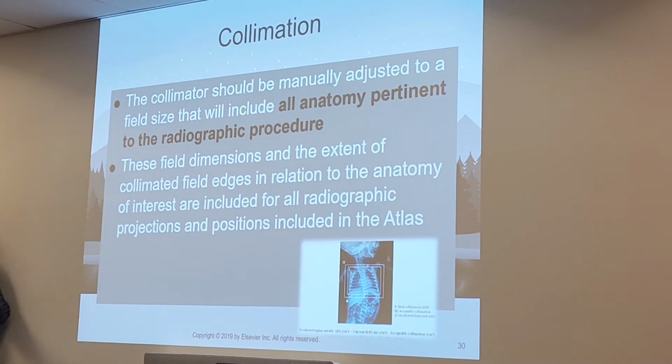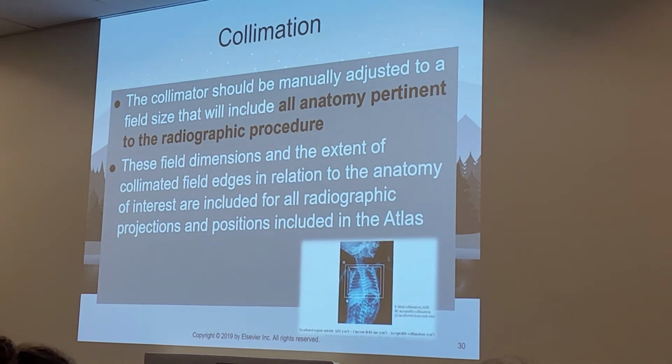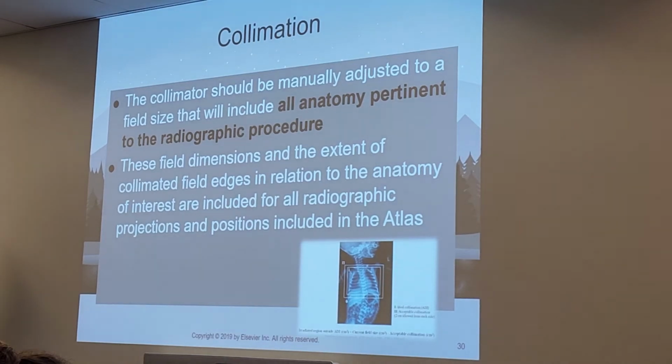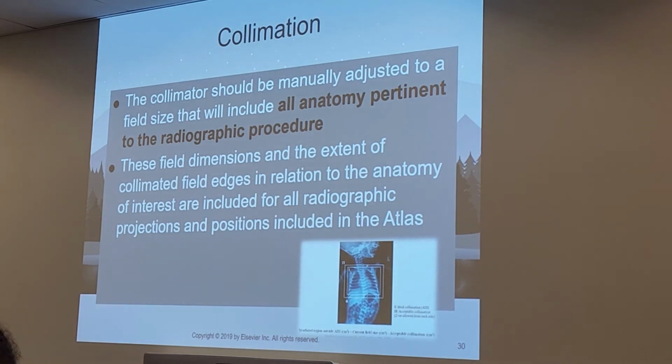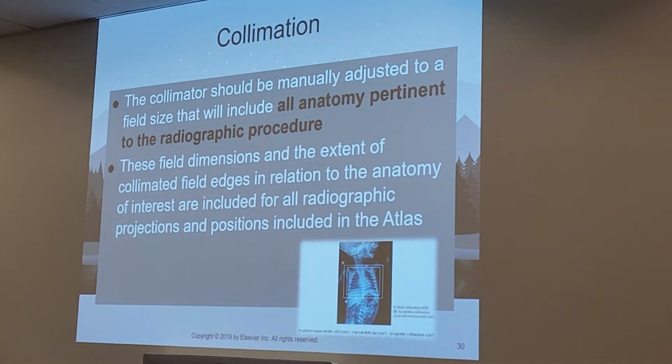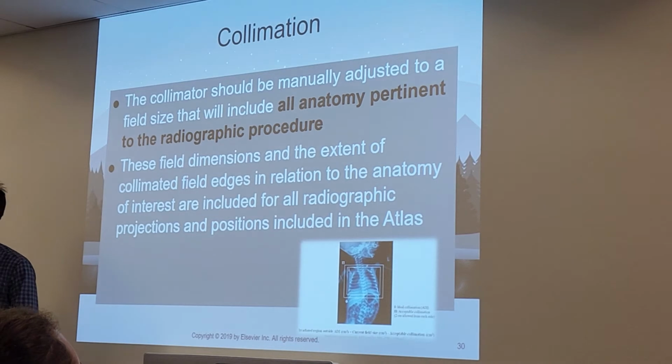The collimator should be manually adjusted so that the field size includes all anatomy pertinent to the radiographic procedure. So make sure you include all anatomy that you care about, and leave out the other anatomy you don't care about. These field dimensions, the extent of the collimated field edges in relation to the anatomy, are included for all radiographic projections and positions in your Merrill's.